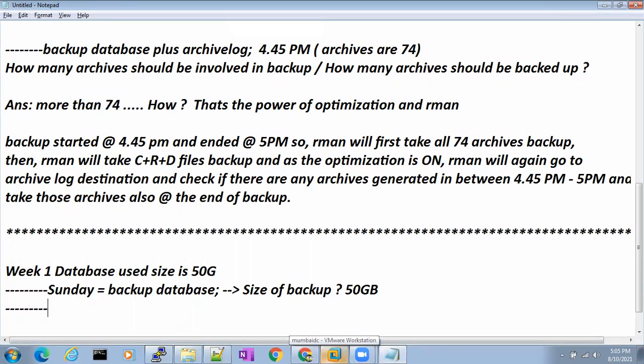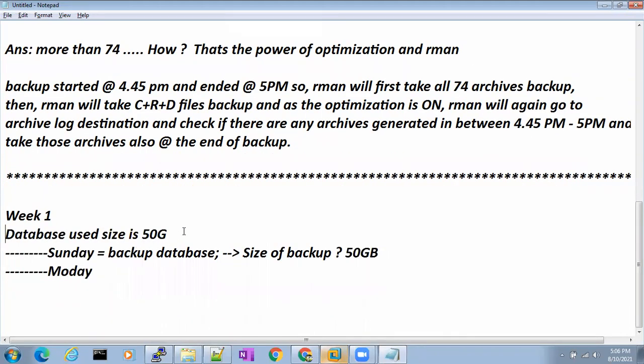Next, what will be the next day? Monday, right? The database size is 55 GB, because every day there will be some changes happening in the database.